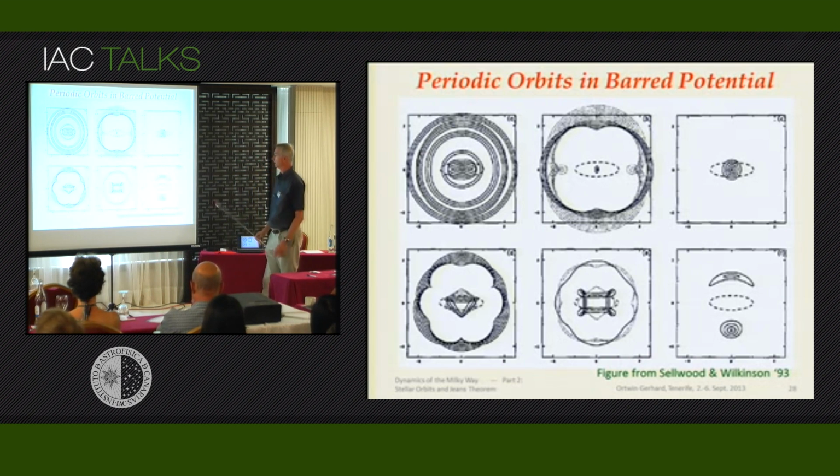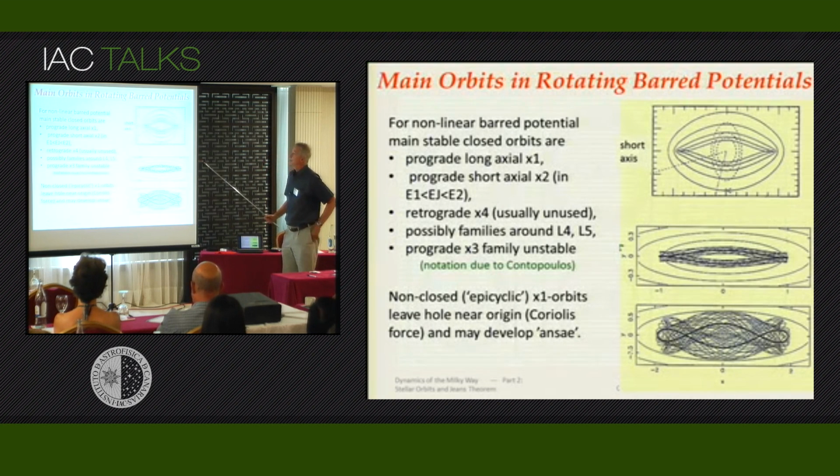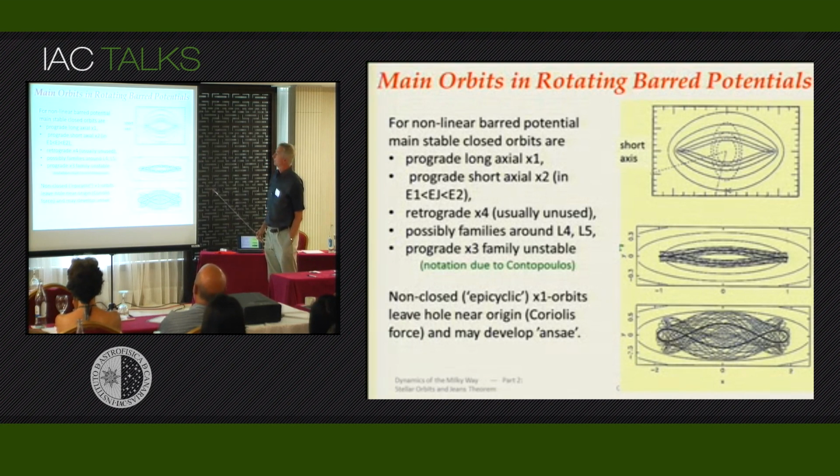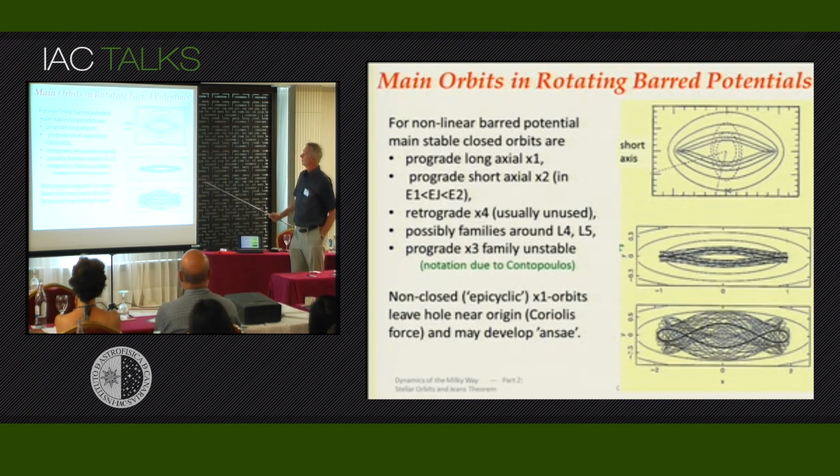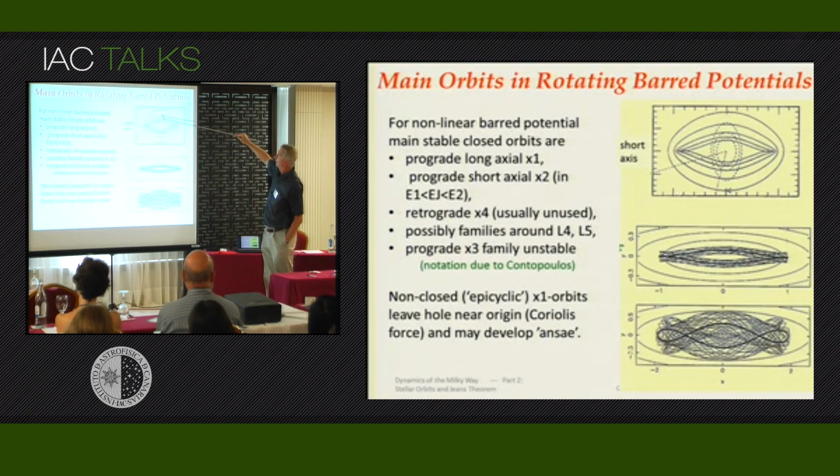And in fact, some of them become stable resonances in these potentials, and they would then, for example, support orbits like this, which is a 4-1 resonance. And then in addition, there can be orbits around the Lagrange points, which you see here. So these are some non-periodic orbits.